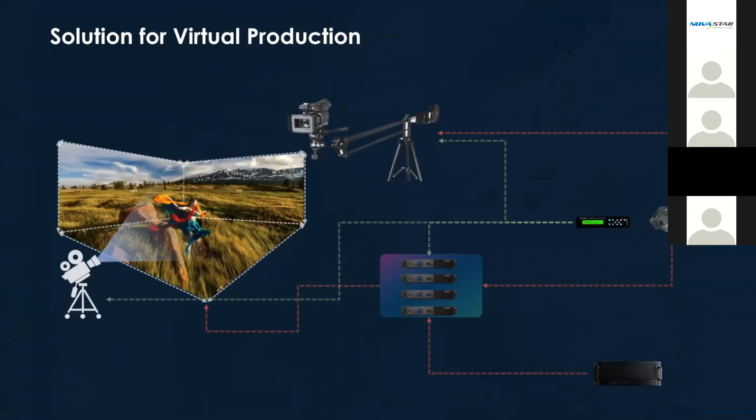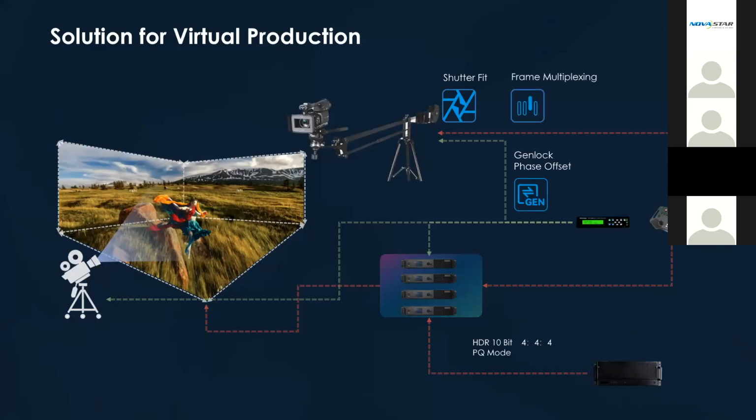And here is the complete solution for virtual production. For source, you can get HDR 10-bit 4:4:4 and PQ mode. Shutter fit and Genlock phase offset are designed to better work with cameras. With frame multiplexing, you can save time and cost, and on the screen side, flexible color adjustment can ensure a perfect color match.